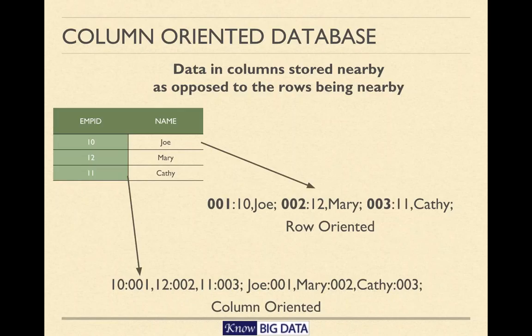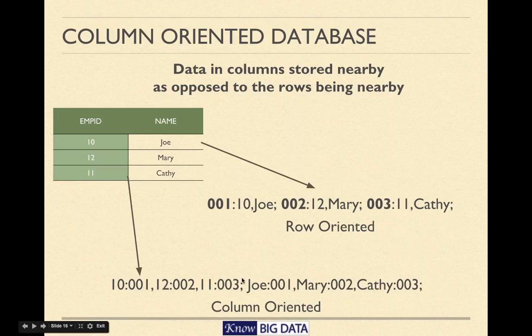The second way is that physically you store the first column first, the second column afterwards, and then the third column. In the first approach, the row-oriented way, which is the traditional approach, this table is being converted into a file, and the way we are saving it is: in the first row we store 10 Joe, in the second row 12 Mary, in the third row 11 Kathy. This is the row-oriented way of storing.